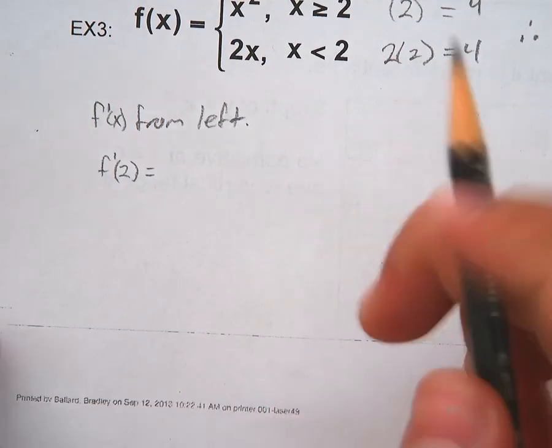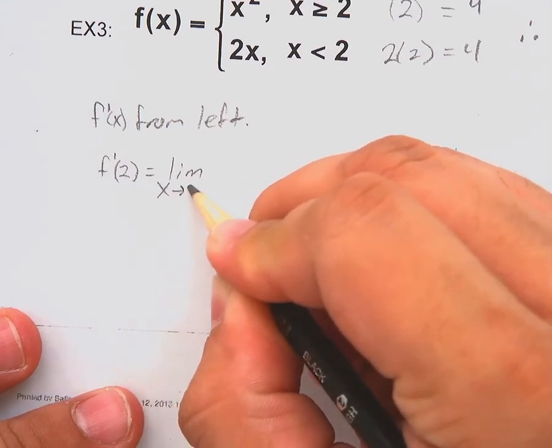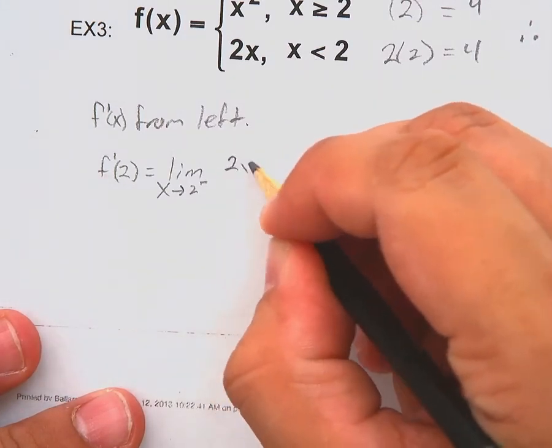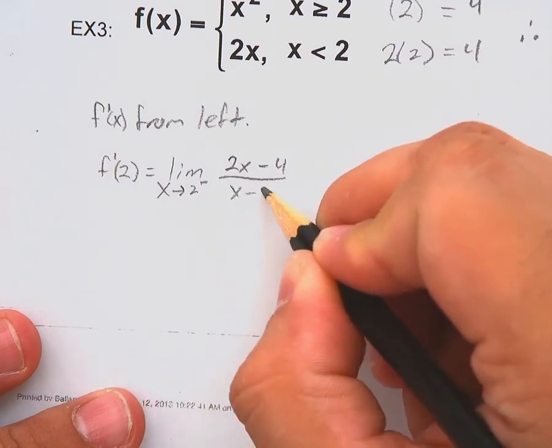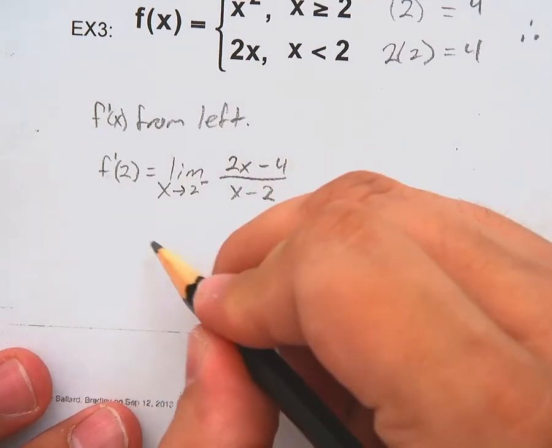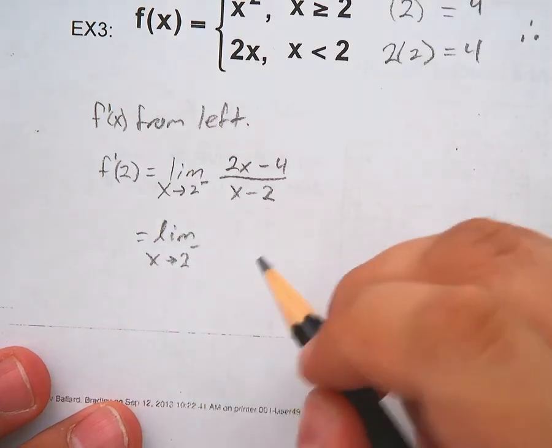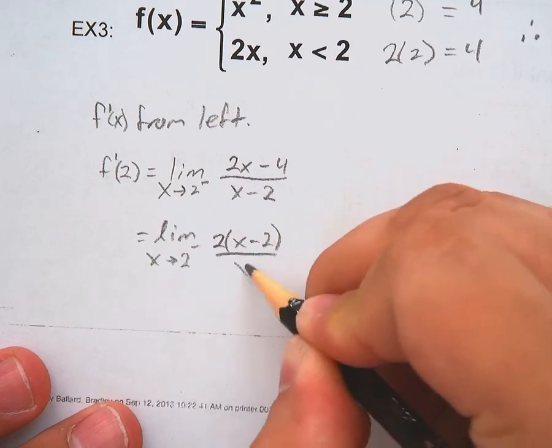All right. So from the left, we've got the limit as x goes to 2 from the left. And to the left of this, we use f of x minus f of c over x minus c. Right? 2x minus 4 over x minus 2. We can factor a 2 out of there pretty easy. Limit as x goes to 2 from the left. And that's going to give us 2 times x minus 2 over x minus 2.